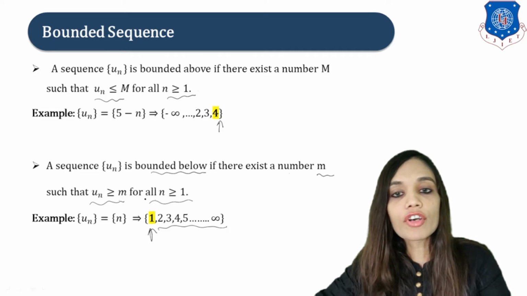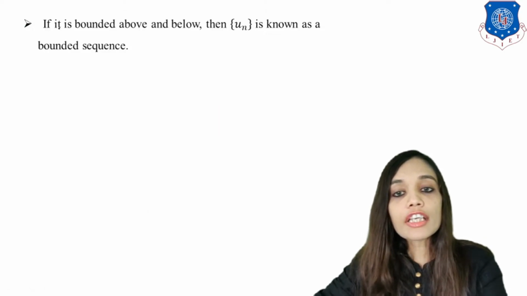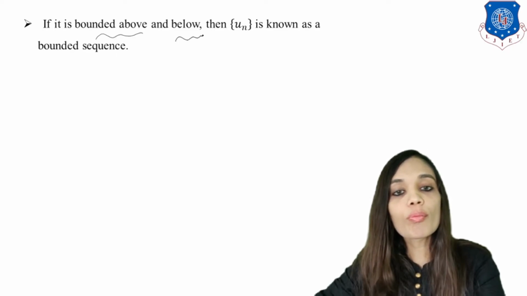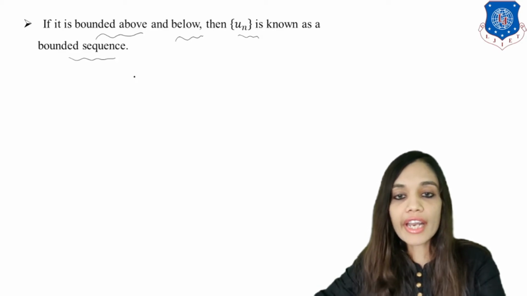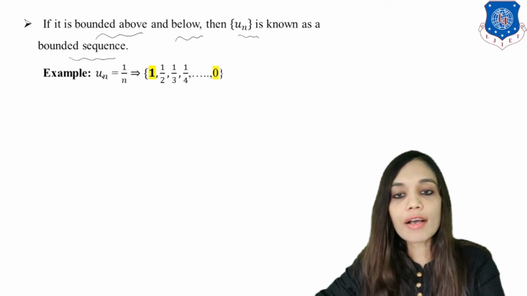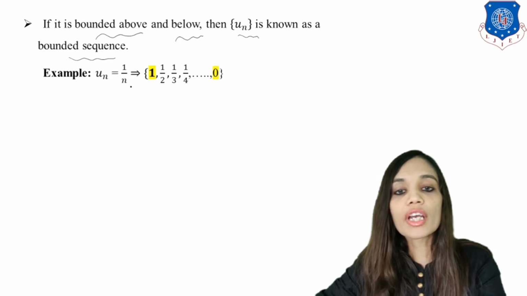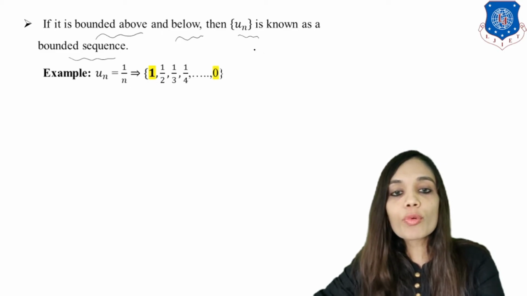Now let us study one more definition. If a given sequence is bounded above and below both, then we can say that sequence un is a bounded sequence. Next, let us see one example of sequence un that is equal to 1 upon n. Now here if you put n is equal to 1, you will get answer 1.